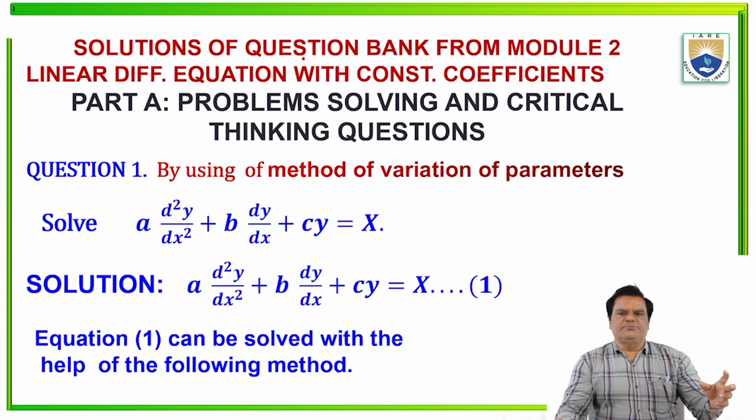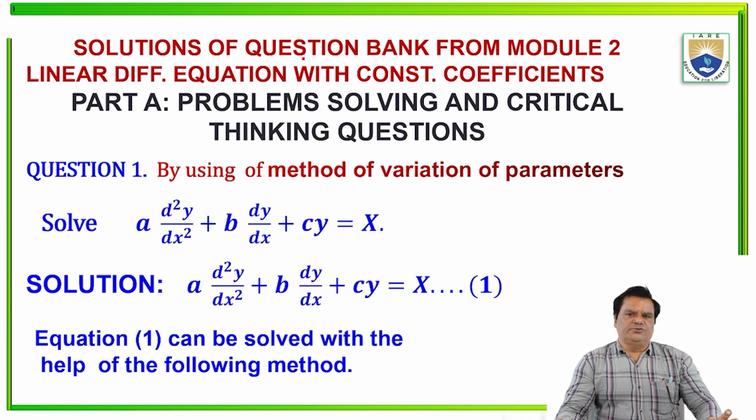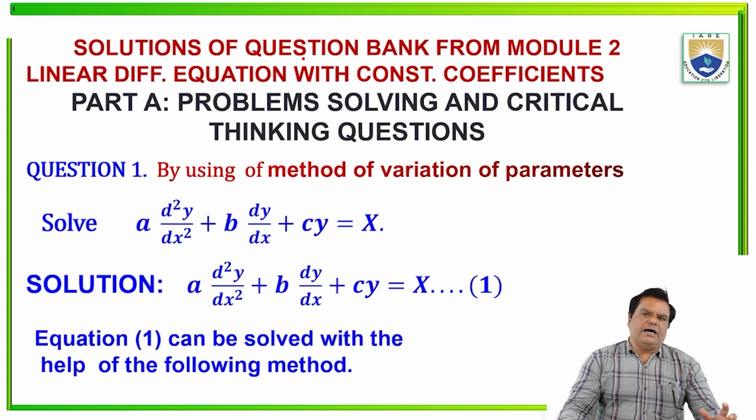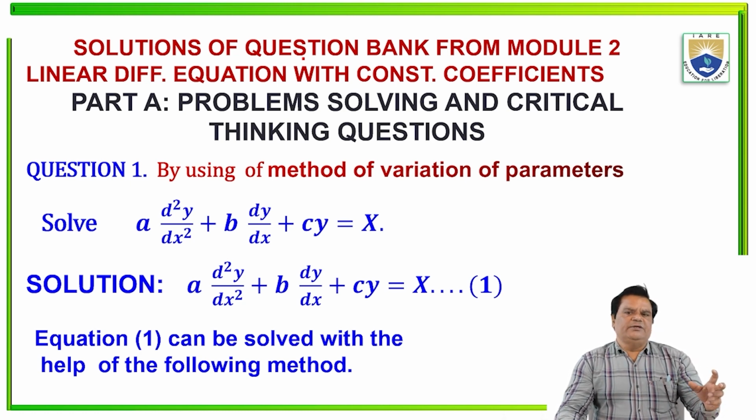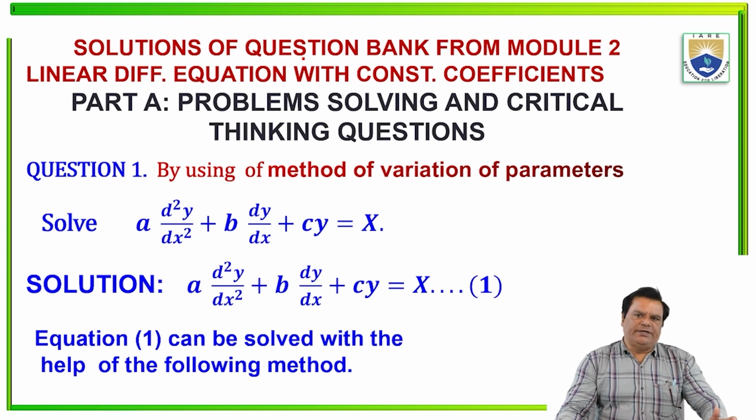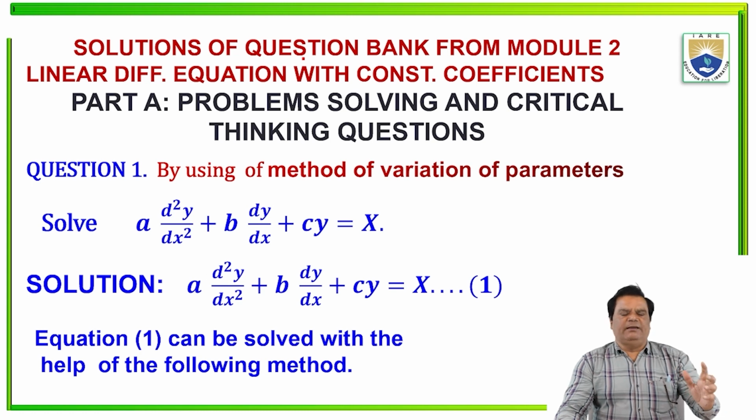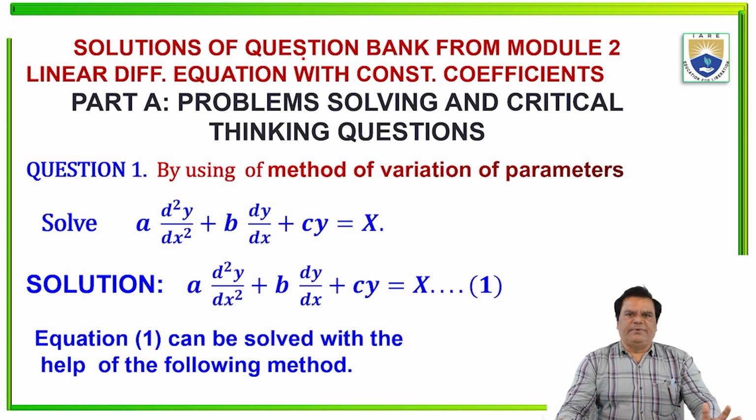In both cases, we can apply this method. All types of differential equations of higher order with constant coefficients, and second order equations with variable coefficients, can be solved with the help of this method.